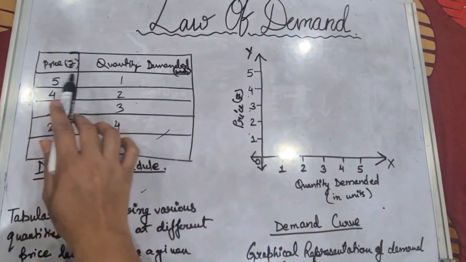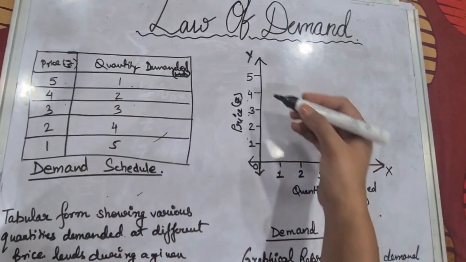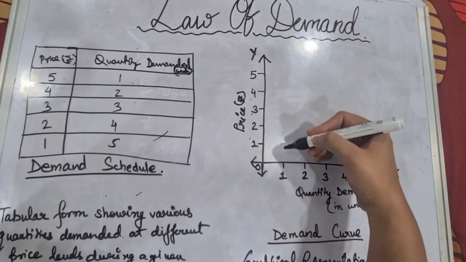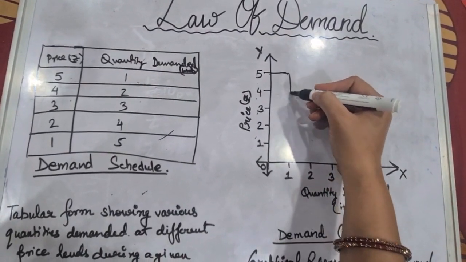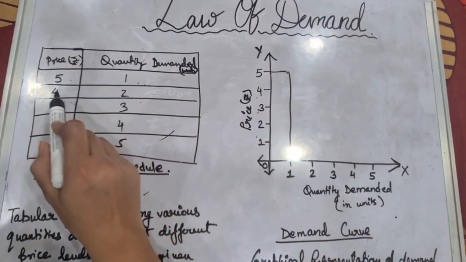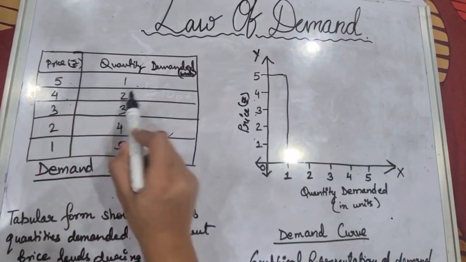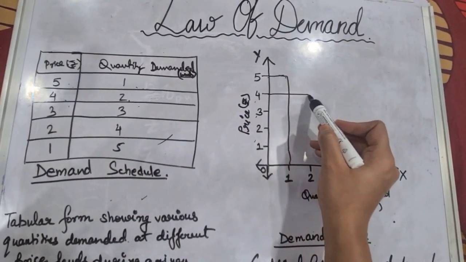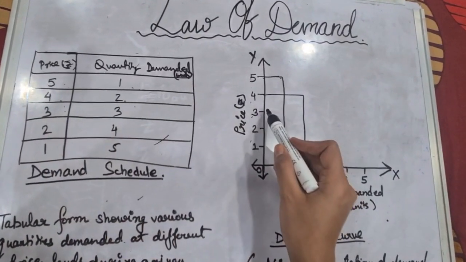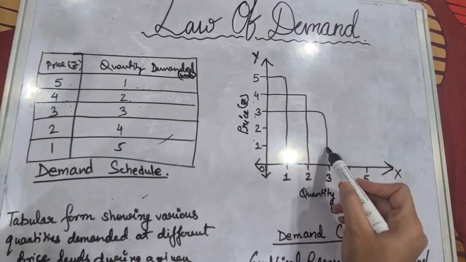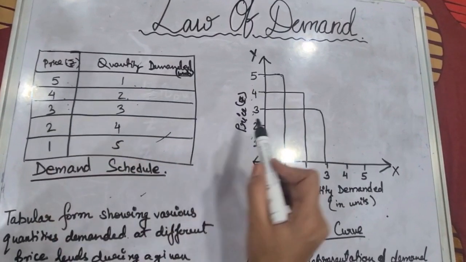At price 5, what is the quantity demanded? It is 1. So you can draw like this. At price 4, the quantity demanded will be 2. At price 3, it is 3. At price 2, it is 4.